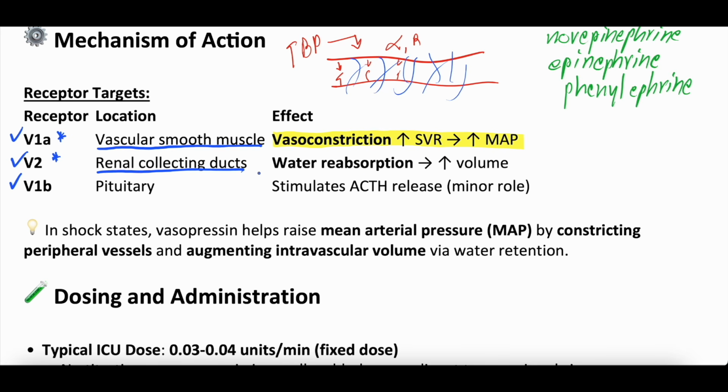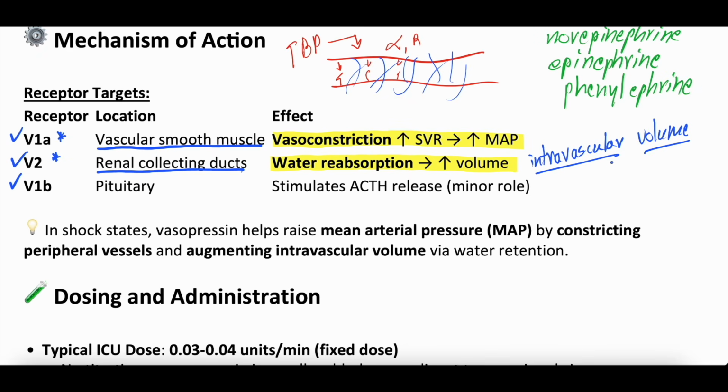So the V2 receptor in the renal collecting ducts actually leads to water reabsorption. This can increase your intravascular volume, okay? And if you are in septic shock or hypovolemic shock, or you're in a shock state where increasing that vascular volume will be a benefit, this can help increase the blood pressure too.